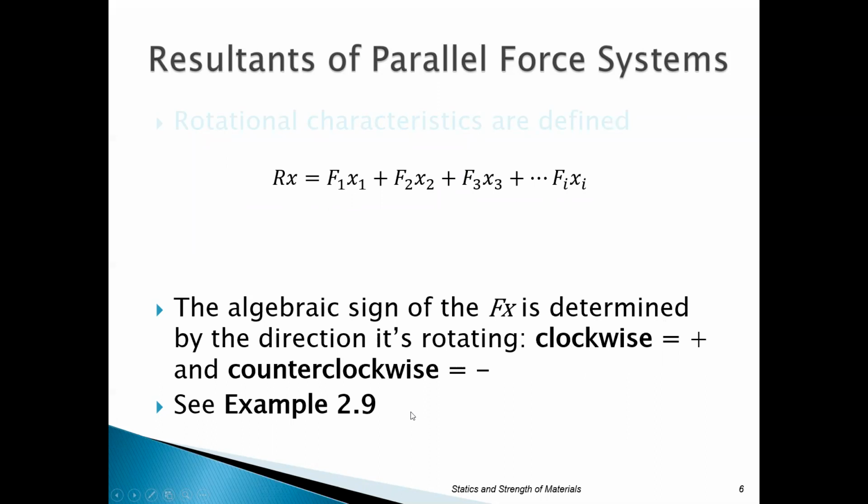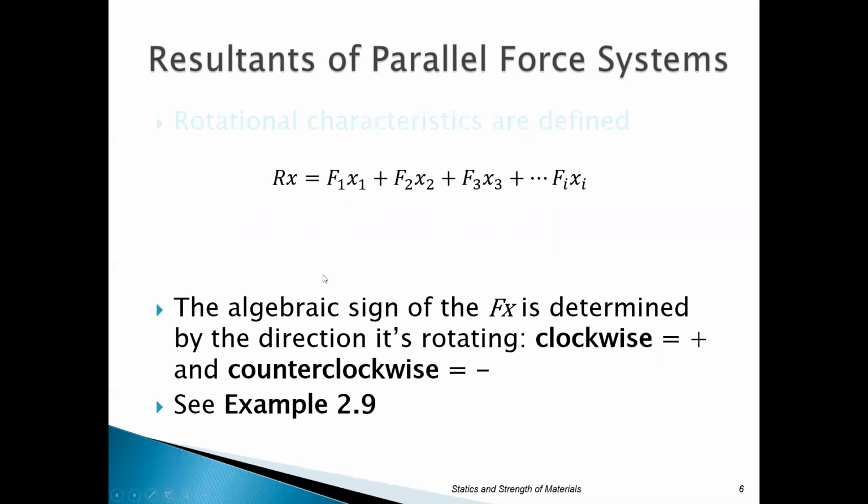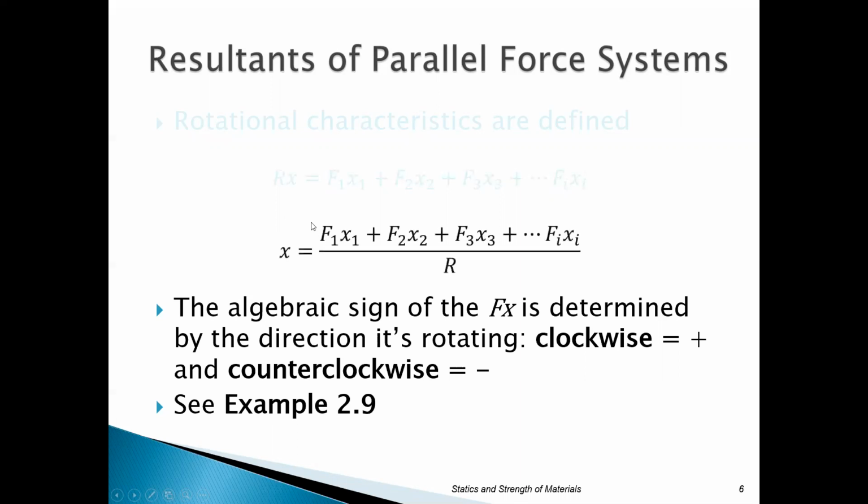All right. Once you have solved this top equation, you'll know R and you'll know this, but you won't know x. To solve for x, you just divide this value of moment through by your R value, and you'll know where your location is.